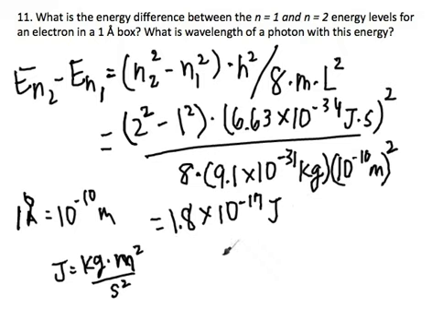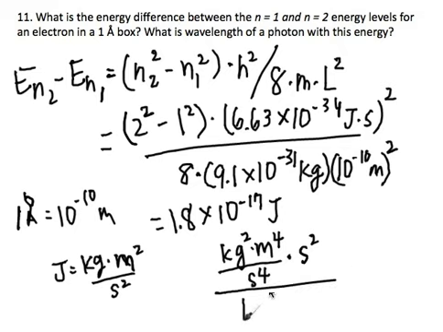So if we square that, we'll get kilograms squared times meters to the 4 over seconds to the 4 times seconds squared, because don't forget that seconds in Planck's constant, seconds squared over kilogram times meter squared.